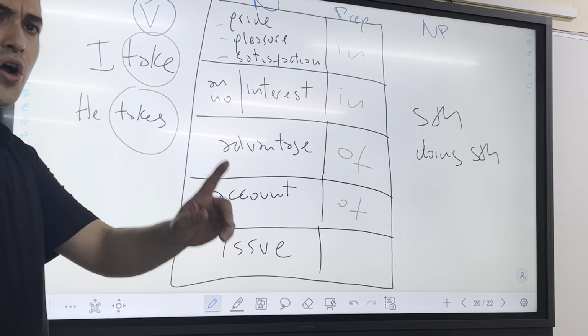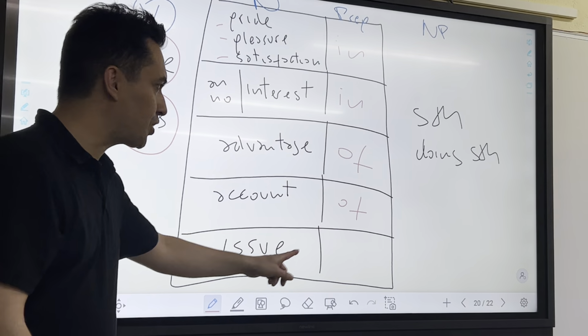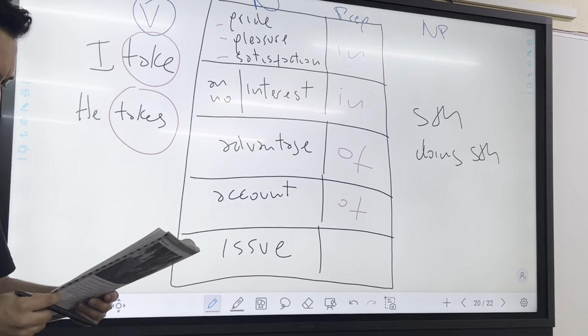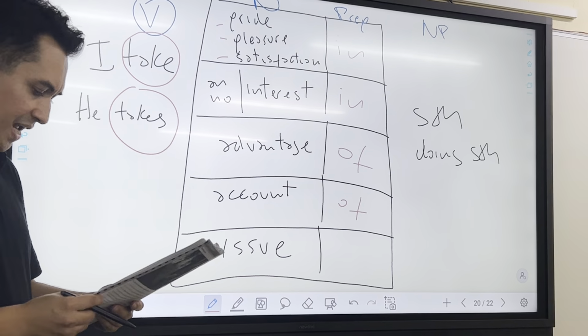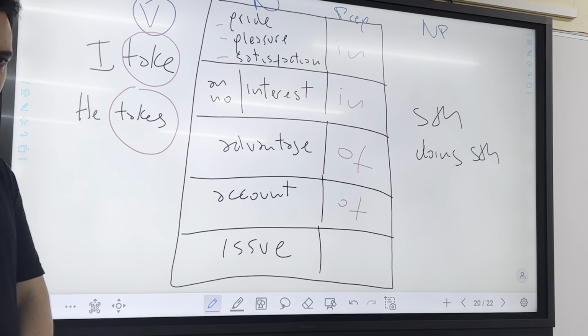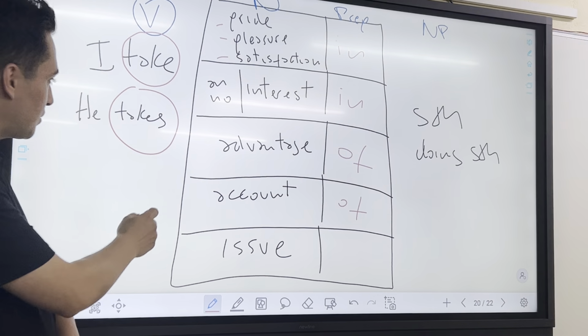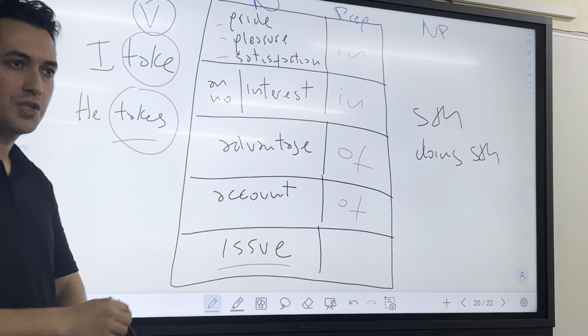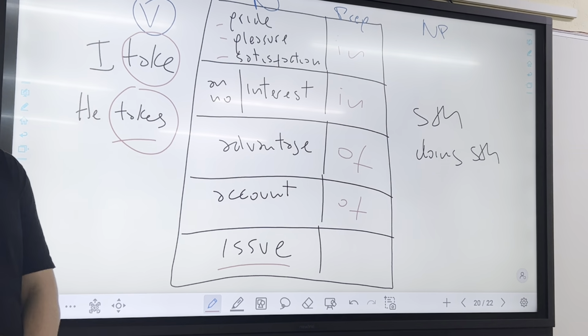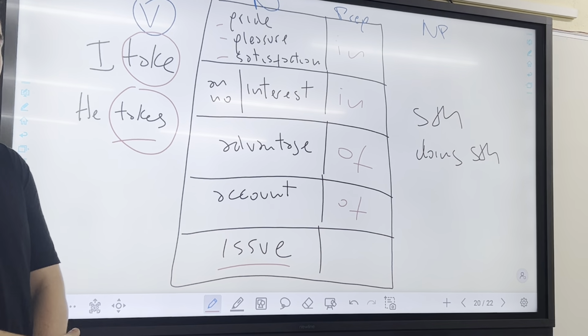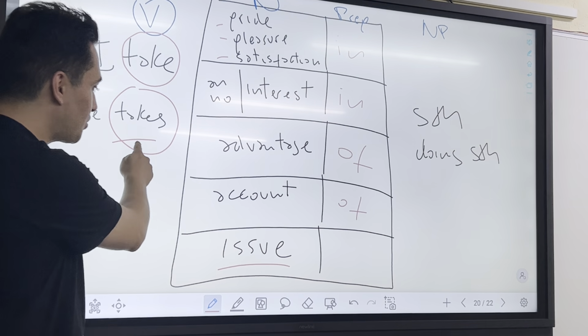Do you agree with that? No, excuse me. I take issue with that. To take issue, do you remember the meaning of take issue? I don't agree. I take issue. I disagree. When you disagree, you take issue.